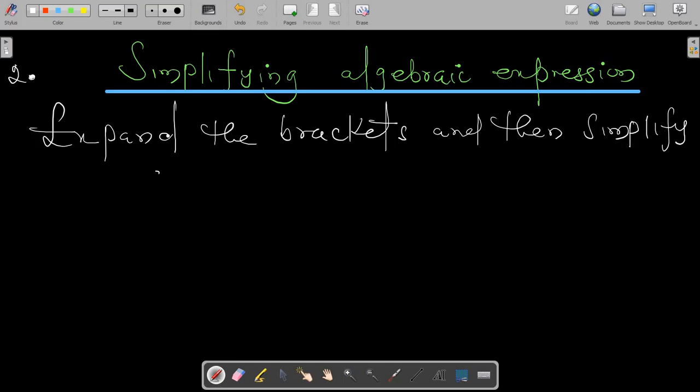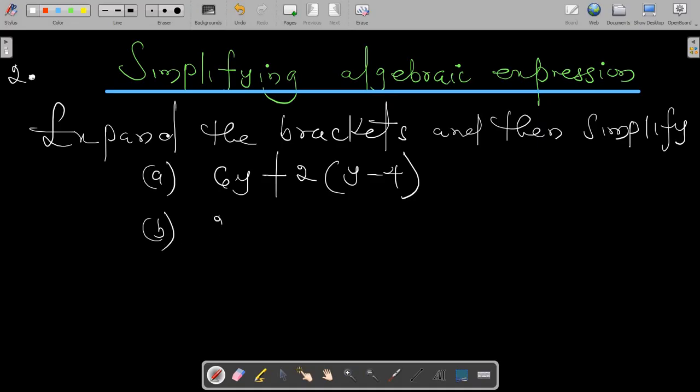So the first question here, I'm going to bring out 6 questions in today's class. So let's go. A: 6y plus 2 into bracket, y minus 4. These are the questions we are going to solve today. B: 2 into bracket 2x plus 1, then plus 3 into bracket x minus 2.